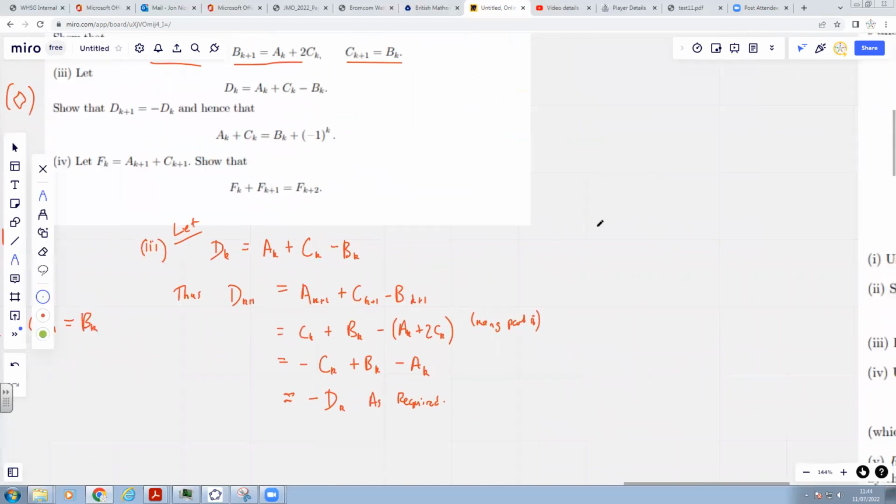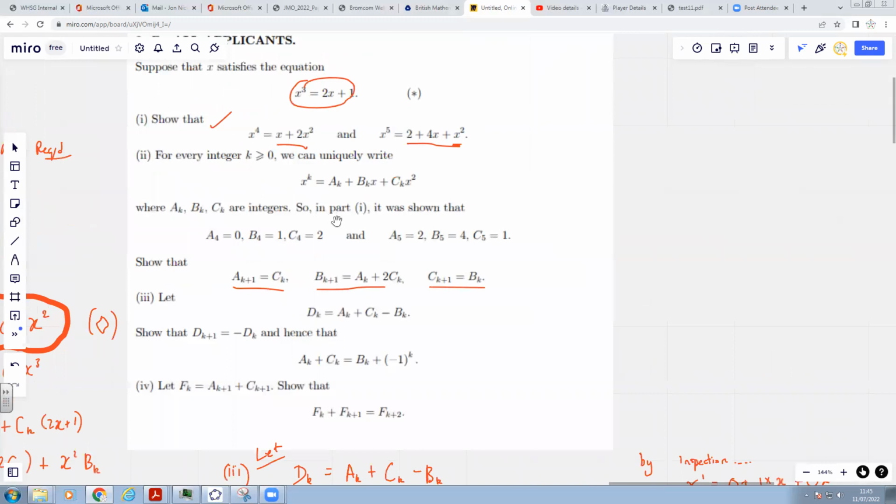Right, let's do that next. Now, there are probably various ways you could do this, but the way I've decided to go about it is to look at the following. By inspection, and this is back from the previous result, x to the power of 1 is going to be 0 plus 1 times x plus 0 times x squared, because they said for any k greater than or equal to 0, this is true.